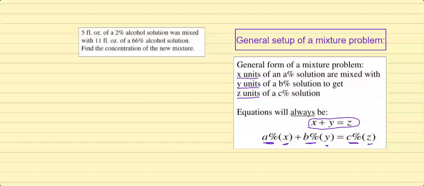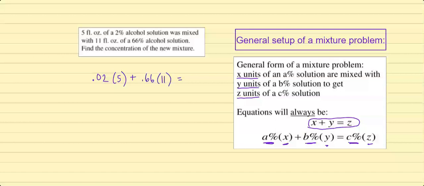So we're using this A% times X, that would be 2%, meaning 0.02 in decimal, times 5 fluid ounces. Then plus the B%, which is 0.66, times 11 ounces.